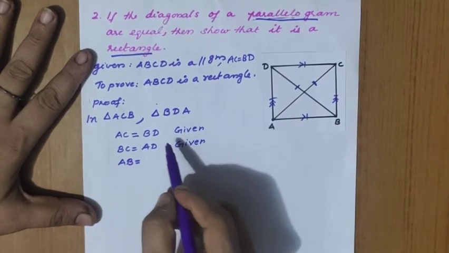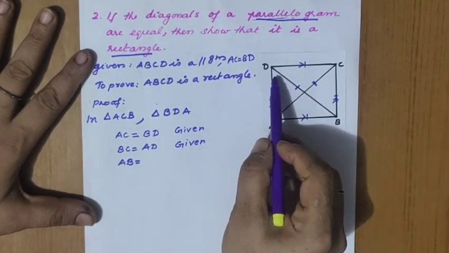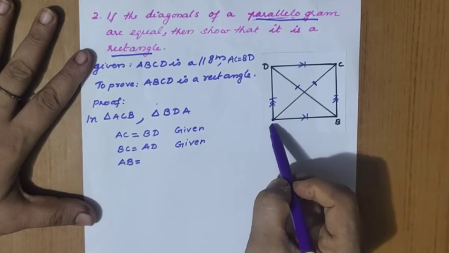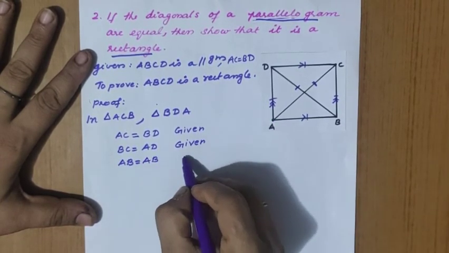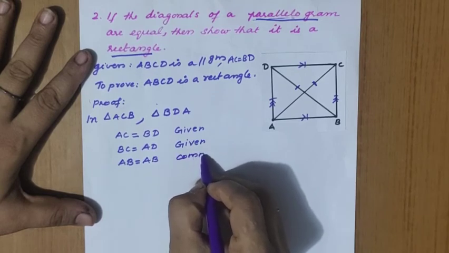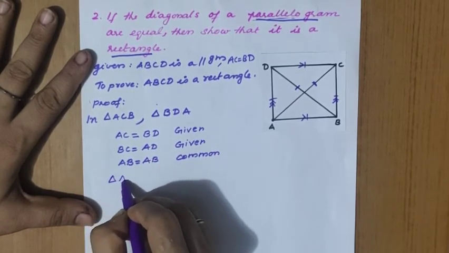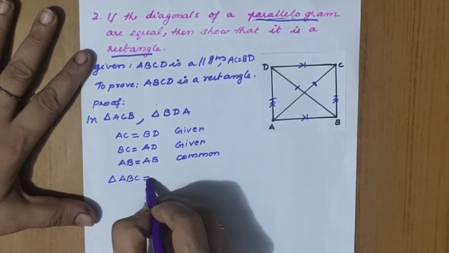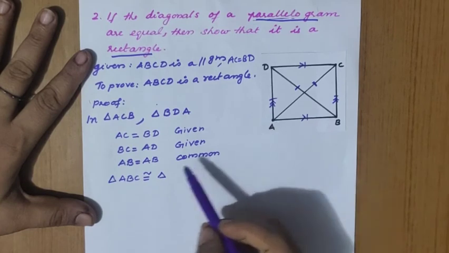Check in the second triangle also: BD we have used as the first equal side, AD as the second equal side, then AB as the third side. So it is also coming there, it is common. So by SSS criteria, three sides we got. So triangle ABC is congruent to triangle BAD. How to identify?